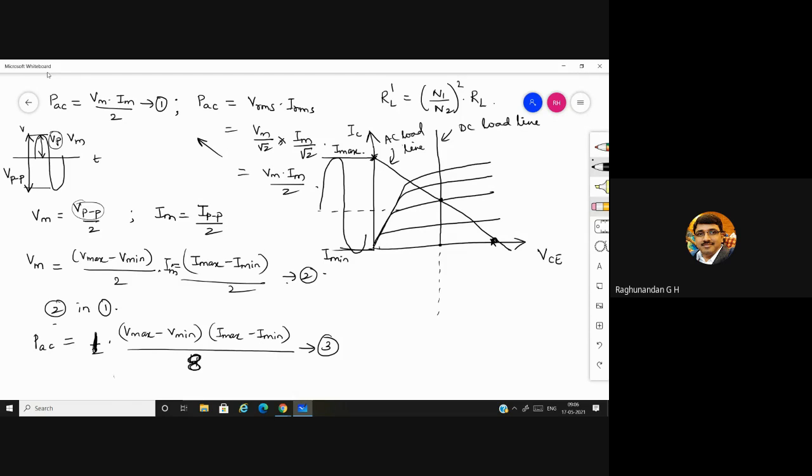And one more question, what happens if the signal crosses this level? I have told it several times.